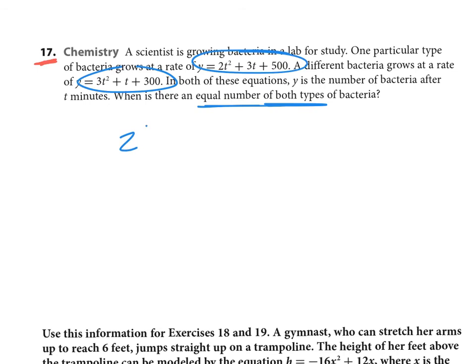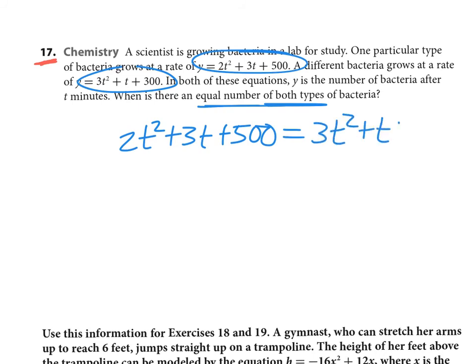So I have 2t squared plus 3t plus 500 equals 3t squared plus t plus 300. Now, if it wanted my answer in radical form, I would do the quadratic formula. But because they just want it rounded, all I'm going to do here is I'm just going to use the calculator. Now, there's one of two things you can do.